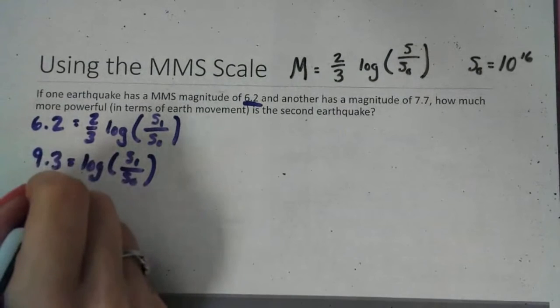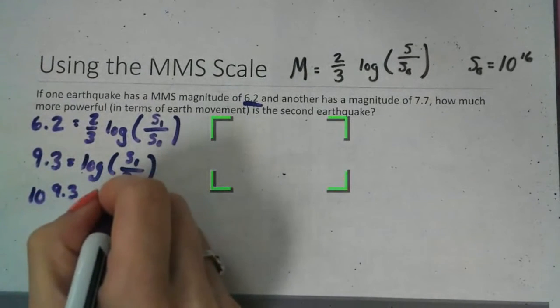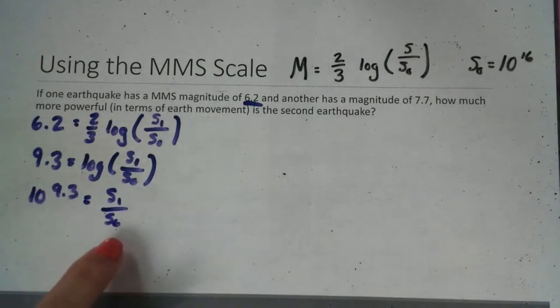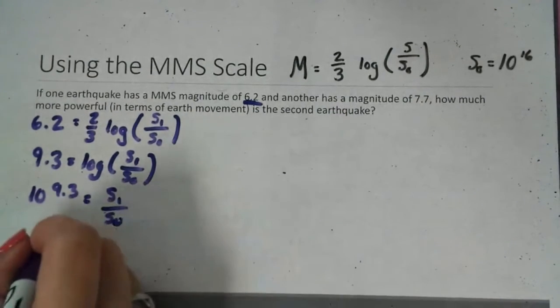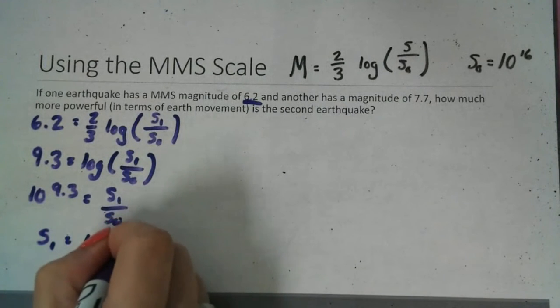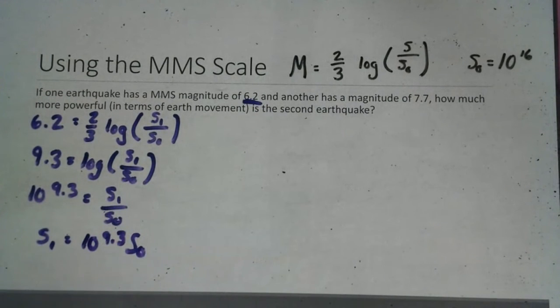So I'll have 10 to the 9.3 power is equal to S sub 1 over S sub 0. So if I multiply both sides by S sub 0, I get that S1 is equal to 10 raised to the 9.3 times S sub 0. I could multiply in what S sub 0 is, but I'm not going to for reasons of me knowing what's going to happen next.